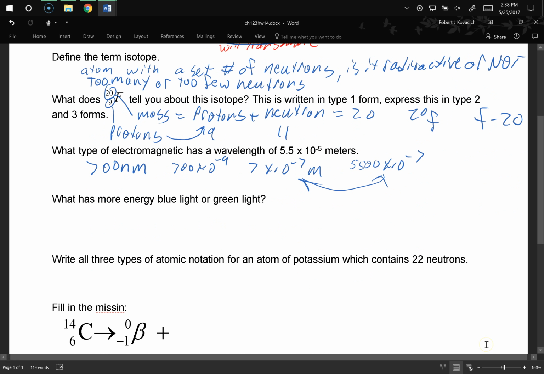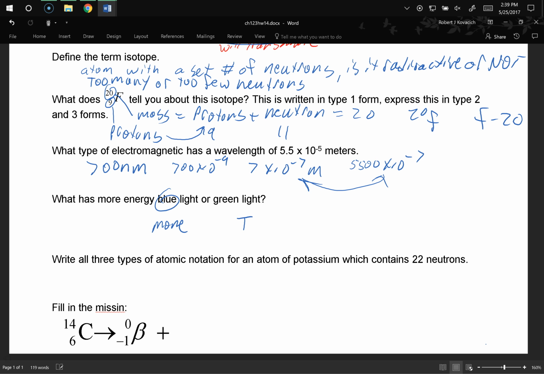How about this blue light, green light? How do you know that blue has more? Just from looking at that table. How about this? Infrared, okay? Then what comes after infrared? You okay with that?